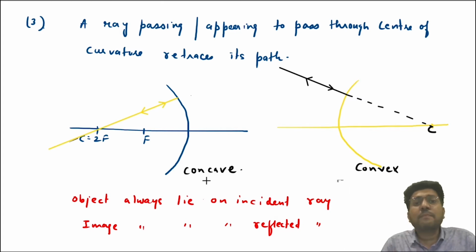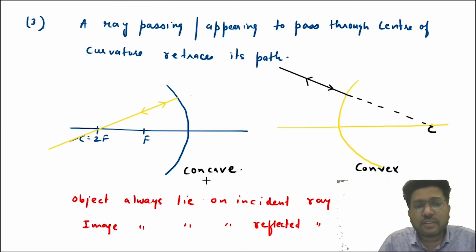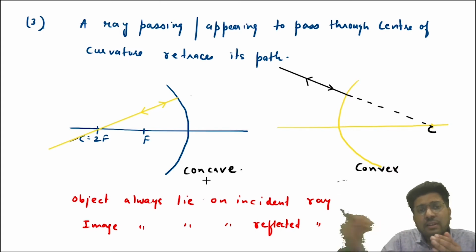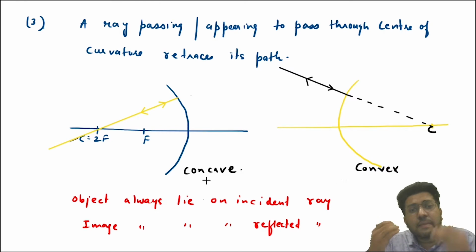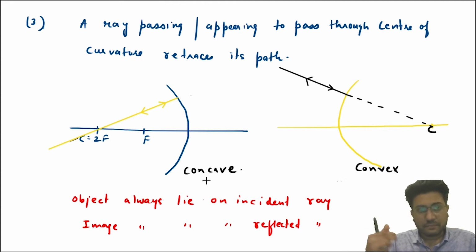Now one more important point. You know that the object will always lie on the incident ray, because the incident ray originates from the object only. Similarly, the image will always lie on the reflected ray, because the image is the point of intersection of the reflected rays. But look at this line carefully.